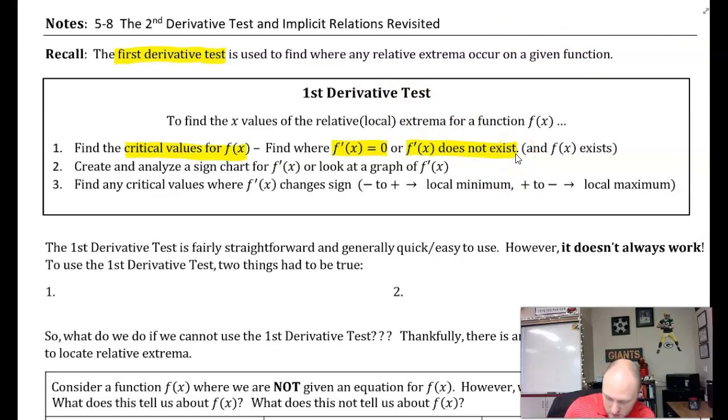Secondly, we created and analyzed an f prime sign chart, or we looked at a graph of f prime of x. If my function's increasing to decreasing, then there's a maximum. Or vice versa, if my function's decreasing to increasing, then that is a minimum.